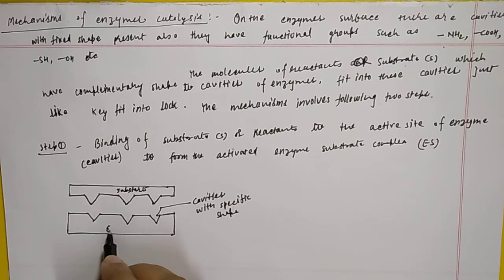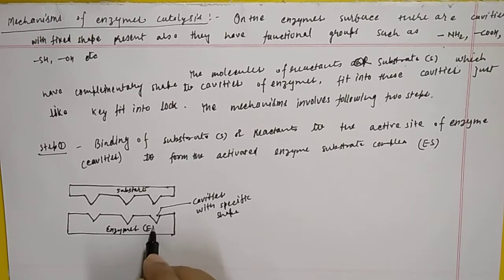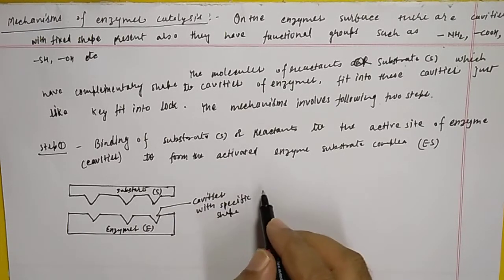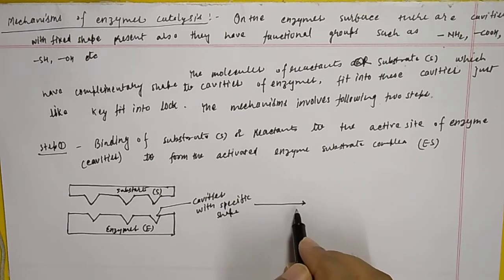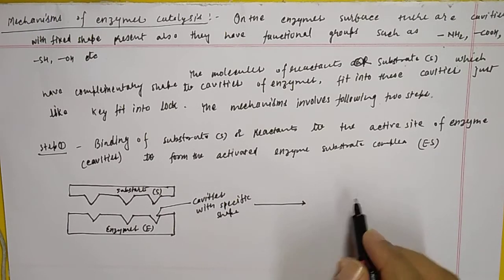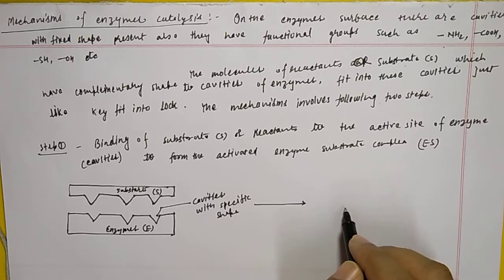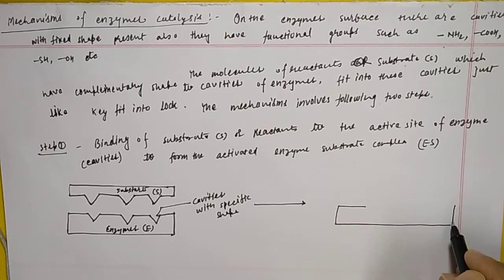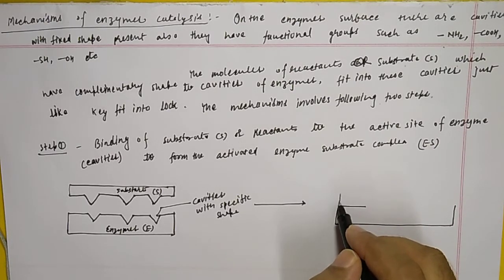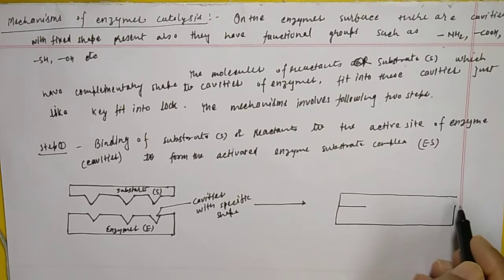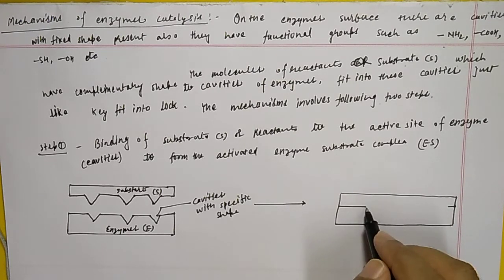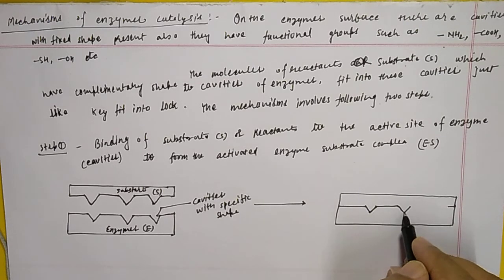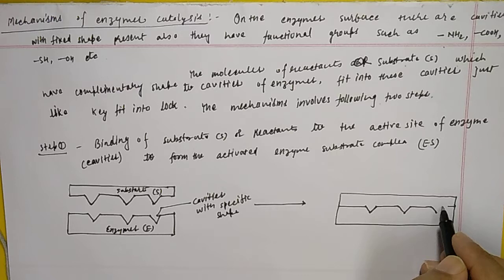This is the enzyme, denoted by E, and the substrate is S. What will happen next is that they will fit completely, and we have to analyze what kind of structure they form. First it fits in this cavity, then another cavity, and then another cavity.